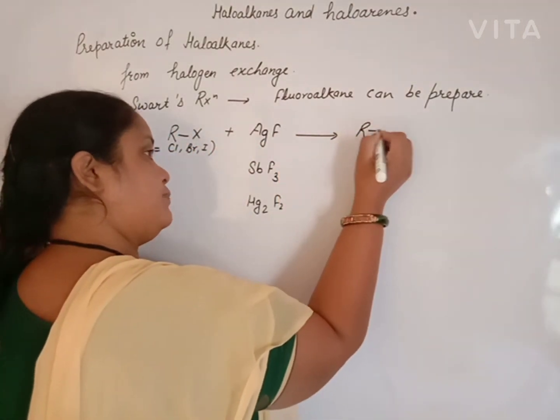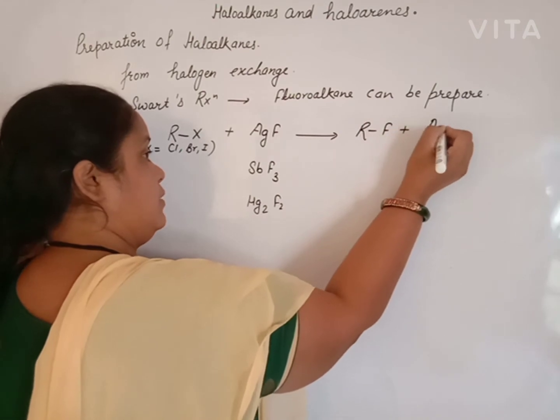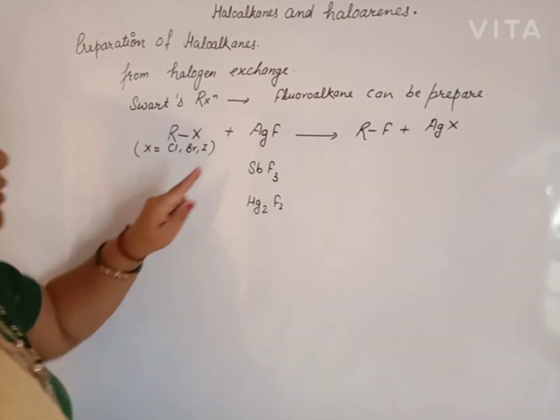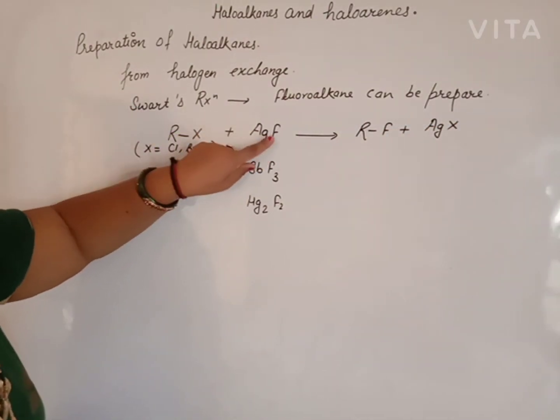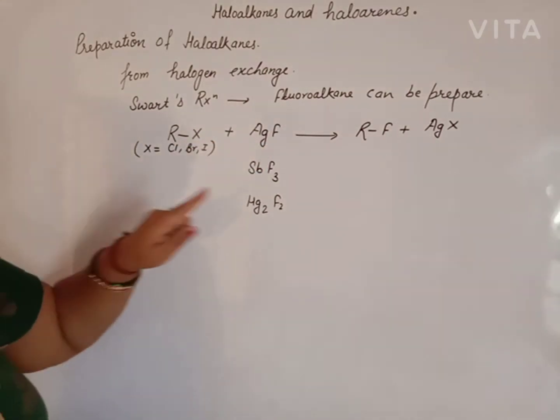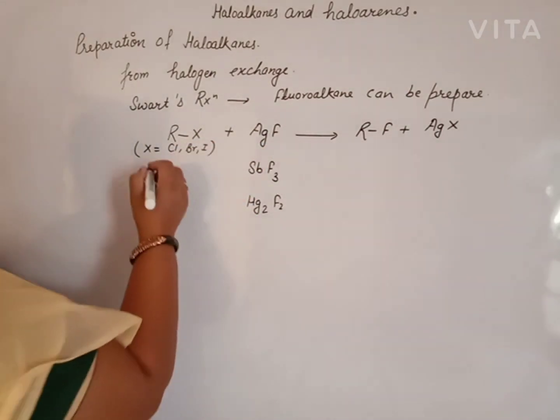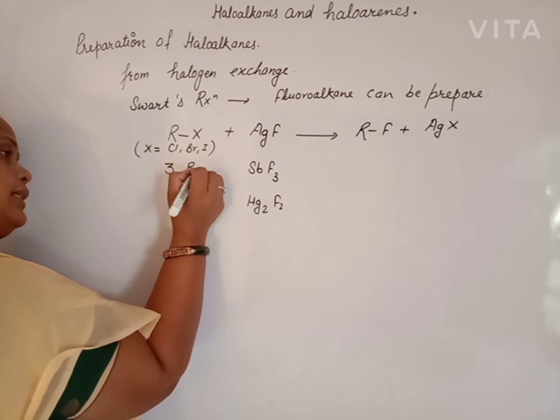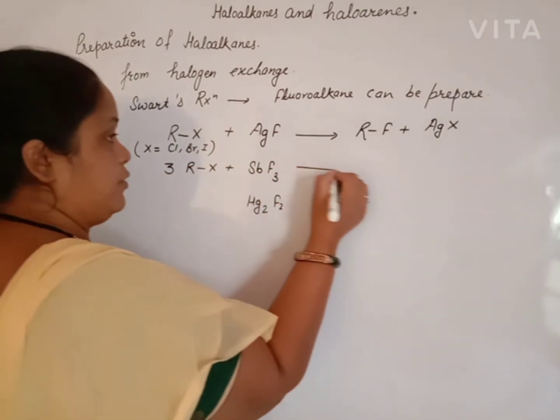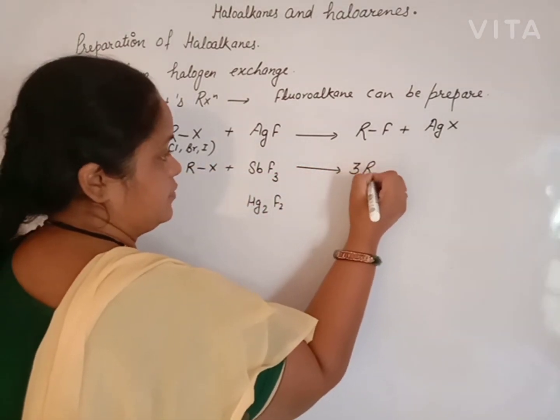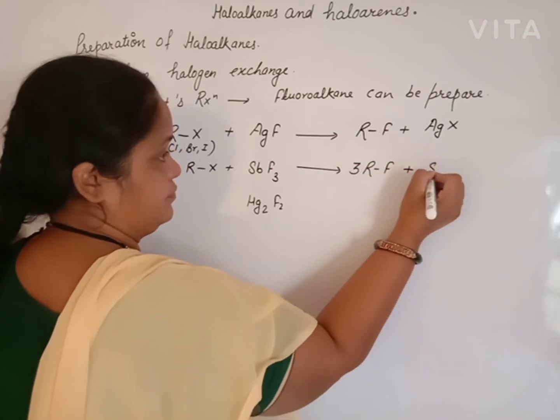You get fluoroalkane, only halogen exchange. Halogen is exchanged by fluorine. Here 3 fluorines are used, so you will use 3 moles of haloalkane and you get 3 moles of fluoroalkane.